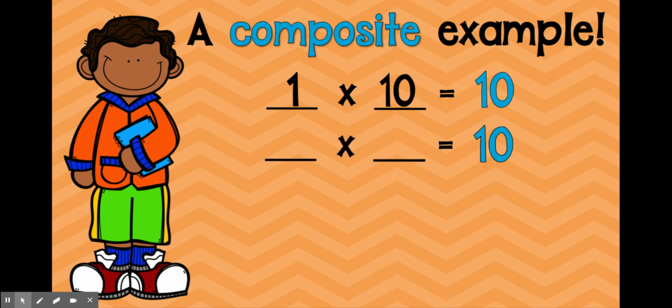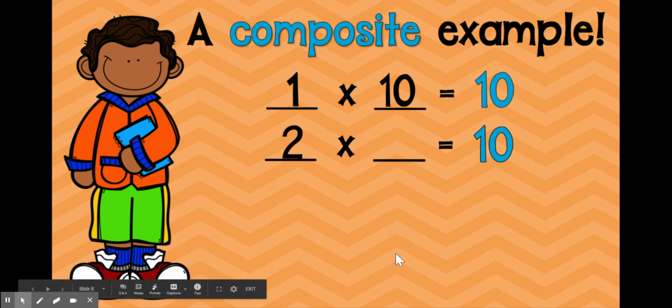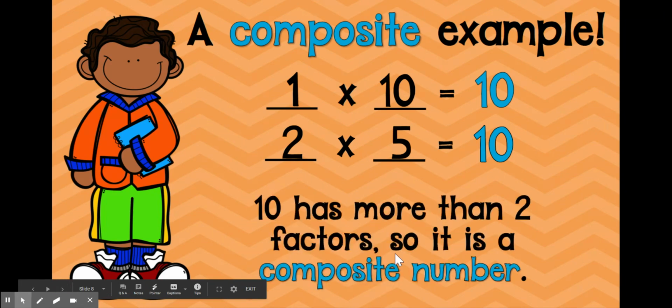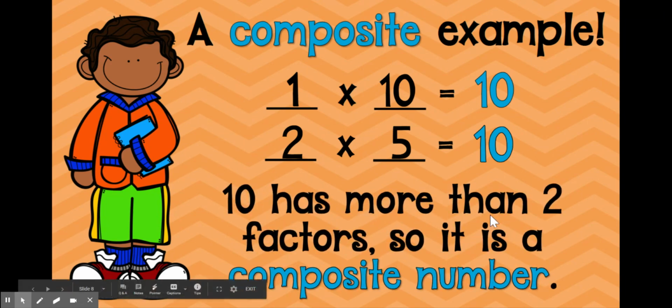Okay, what other factors can equal 10? 2 times 5 also equals 10. 10 has more than 2 factors, so it is a composite number. 10 actually has 1, 2, 3, 4 factors. If a number has more than 2 factors, it is a composite number.